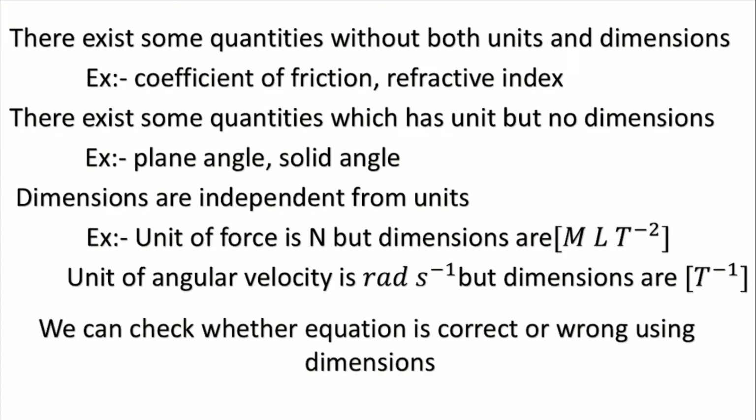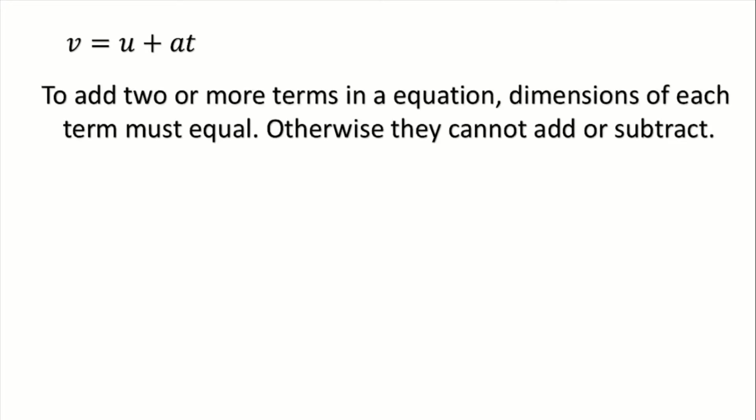We can check whether an equation is correct or wrong using these dimensions. As an example, I use the simple equation v = u + at. To add two or more terms in an equation, the dimension of each term must be equal. Otherwise, they cannot be added or subtracted. So I consider the dimensions of the u term and the at term.